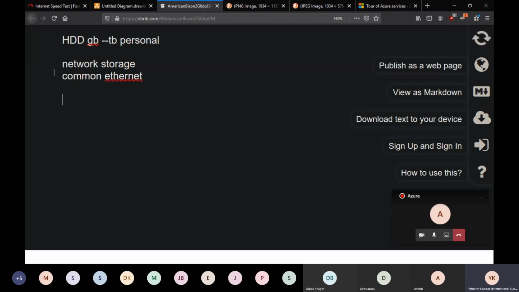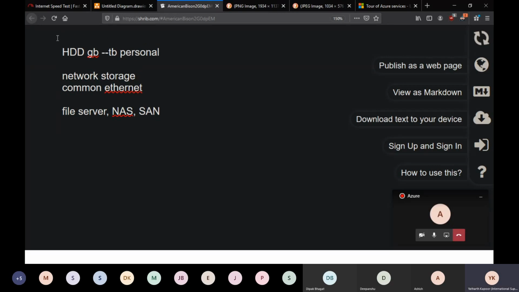Okay, so there are several types of network storages. There is something called a file server. There's something called a NAS, and there's something, oh, it's a SAN. These are the common types of network storages that we have. All of this, by the way, so far, all of this is on-prem storage.